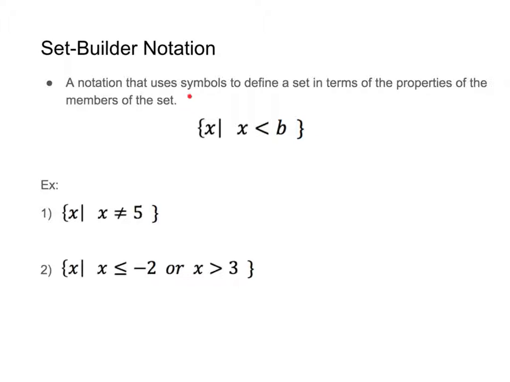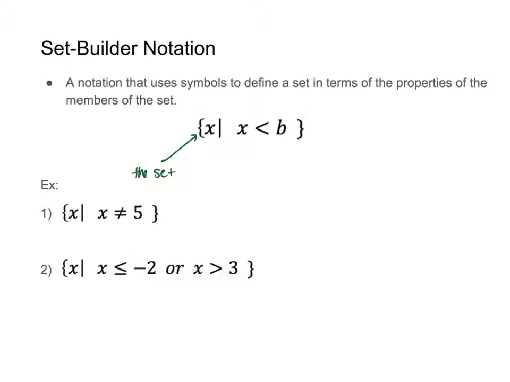So this notation uses symbols to define a set in terms of properties of the members of the set. So basically, we learned in the earlier slide that braces mean the set or a set, right?